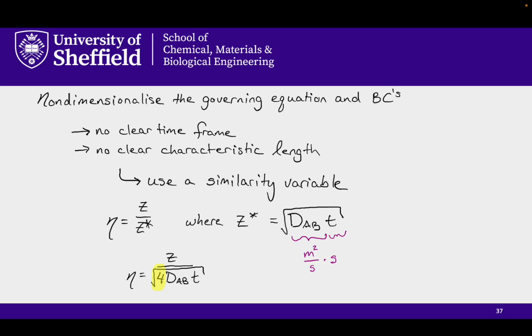We include a factor of 4, which, if you didn't know to do so, wouldn't be wrong. The reason it's there is basically because we have previous experience solving semi-infinite problems like this, and we know that it's quite convenient to have that factor of 4 to cancel out later. If you didn't know to include it, you just get to a point in the problem where you realize you needed to multiply through by it, and you would go back and add it retrospectively.